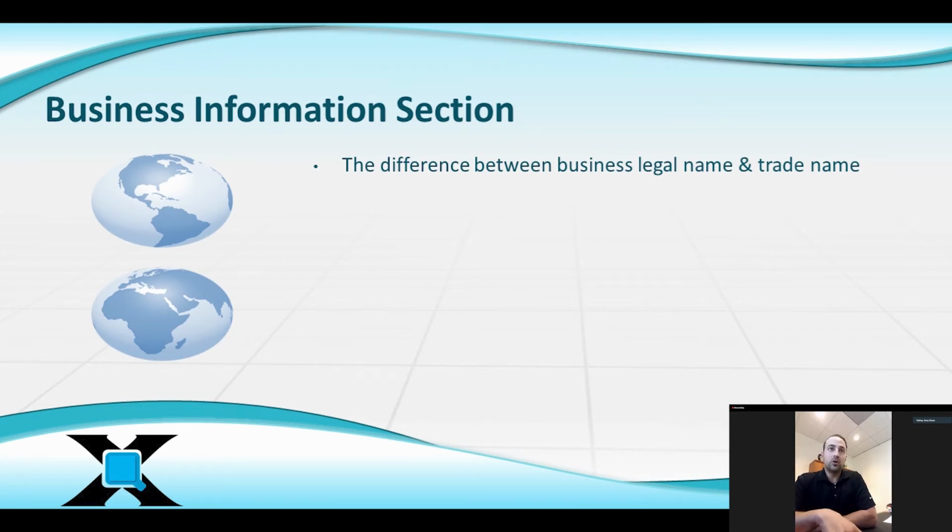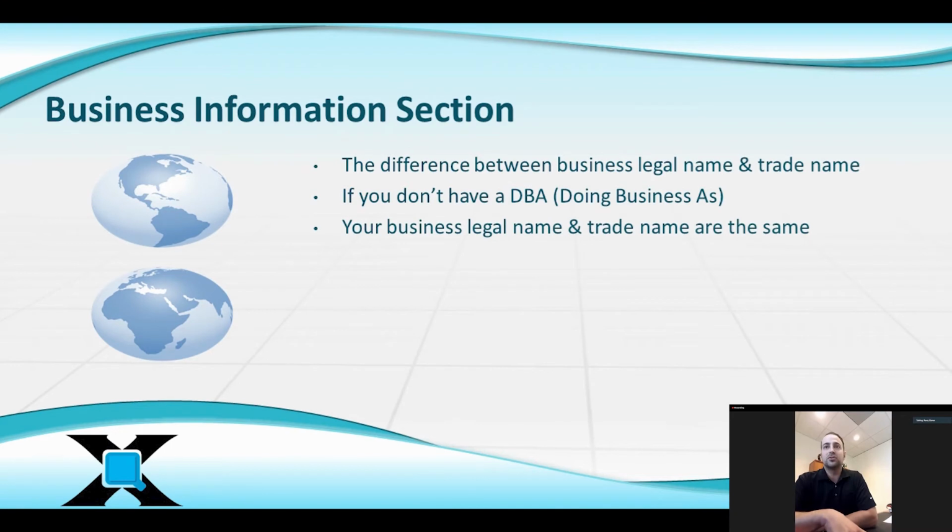Well, he will normally have a DBA that he operates from outside of the LLC. So the DBA will be Kids Incorporated, or Kids Only Inc., however he decides to do that. The legal structure says that the LLC is your business name, and your trade name is what you're doing business as. Now you're going to ask me, well, what happens if I don't have a DBA? Well, then your business legal name and your trade name are the same names that you put into those categories.